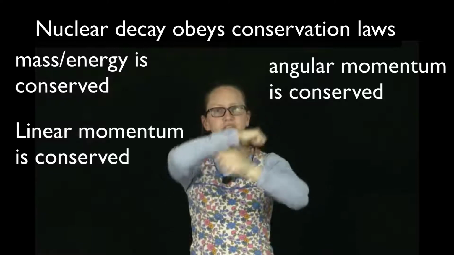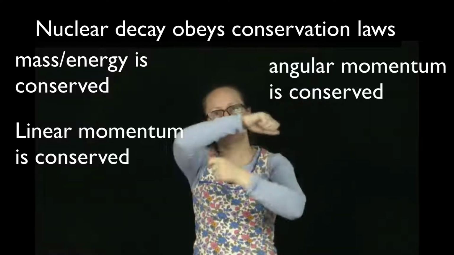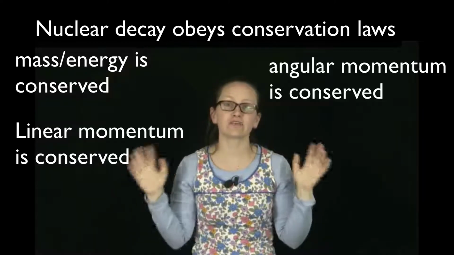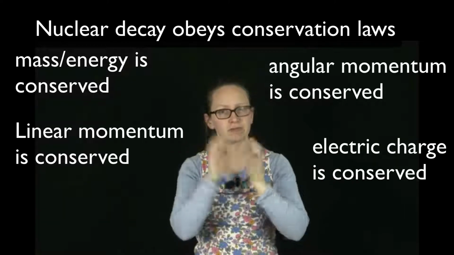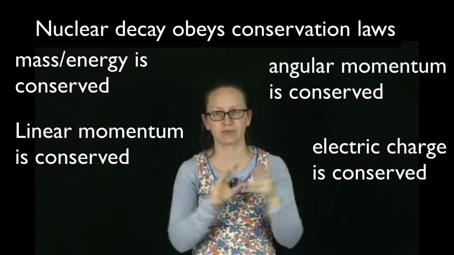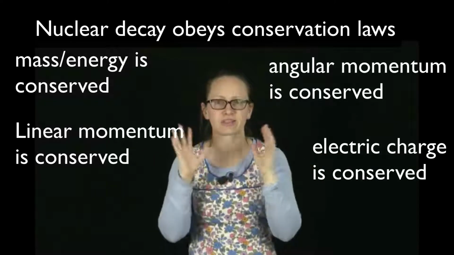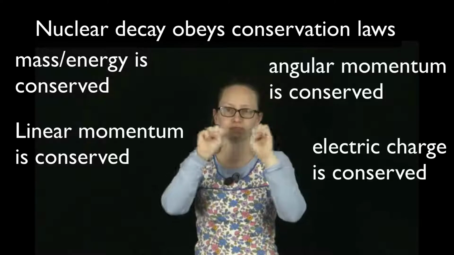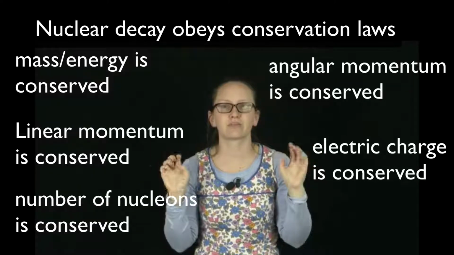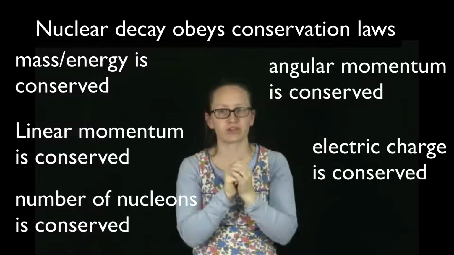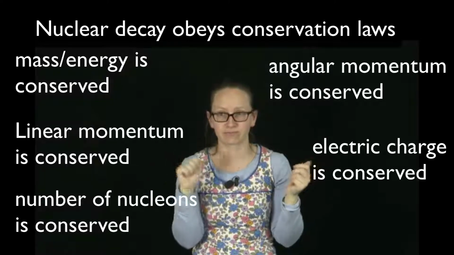Angular momentum, which is related to the momentum of going around in circles or rotating, is conserved. Electric charge is conserved, so we're not creating or destroying positive or negative charges. And the other thing that is conserved in nuclear reactions is the number of nucleons. So the total number of neutrons plus protons remains constant.